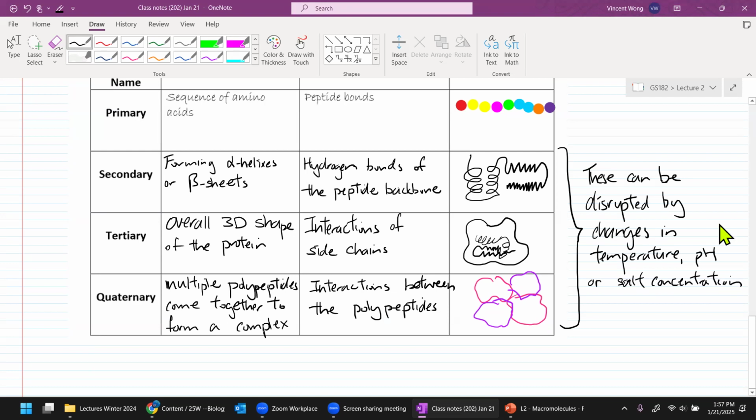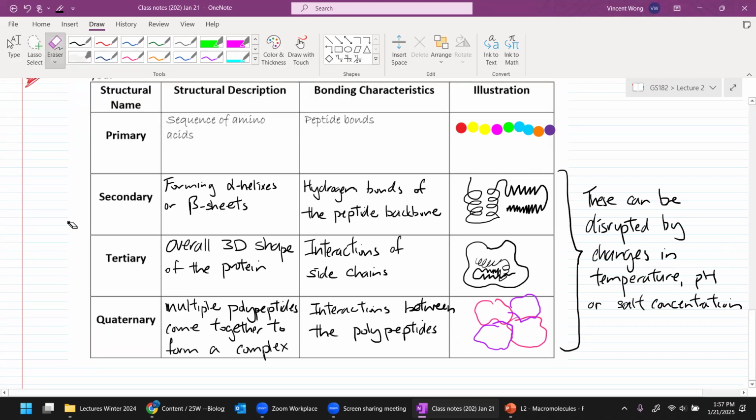If you heat things up, then the protein might unravel. If you make it more acidic or more basic, again, the protein might unravel. But when they unravel, only these 3 levels will be disturbed.